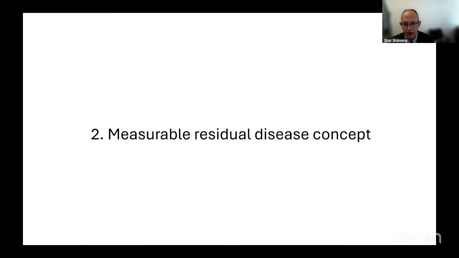Now I want to discuss a very important concept that's called measurable residual disease. The way we treat AML these days is the first step is trying to get what we call a remission, a complete remission, which means less than 5% of these leukemia cells, blasts, cancer cells in the bone marrow, and no cancer cells in the blood.